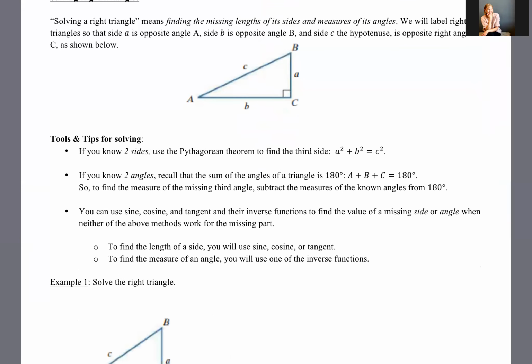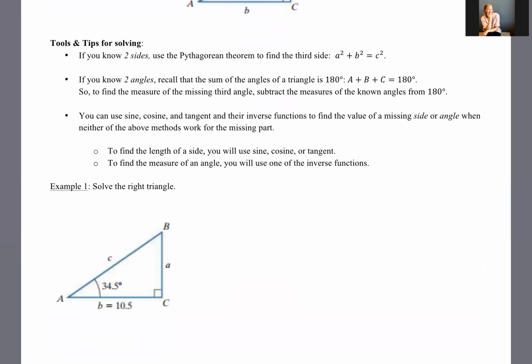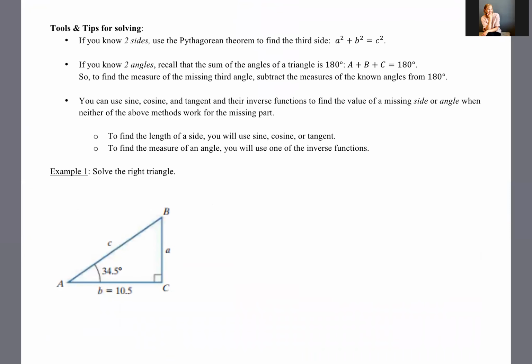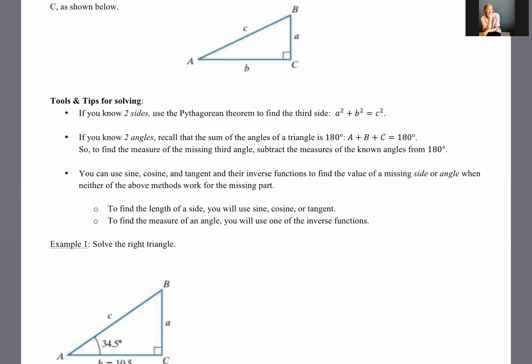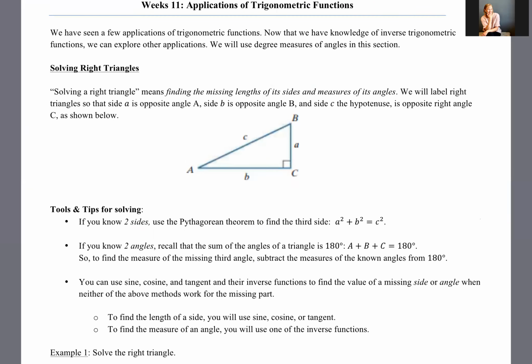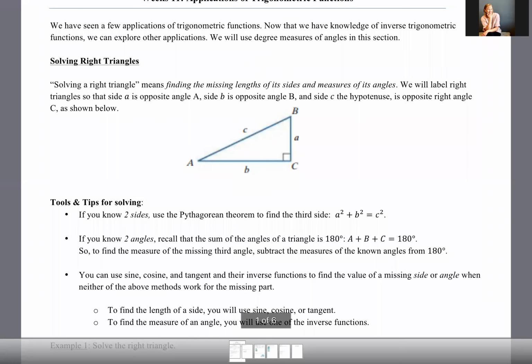A few tips for solving right triangles. We've done some of this before. If I know 2 sides, say if I know a and b, then I can use the Pythagorean theorem to find the 3rd side, the missing side.